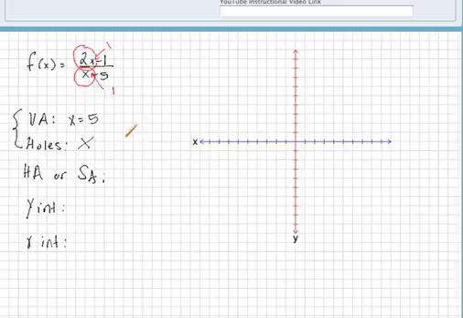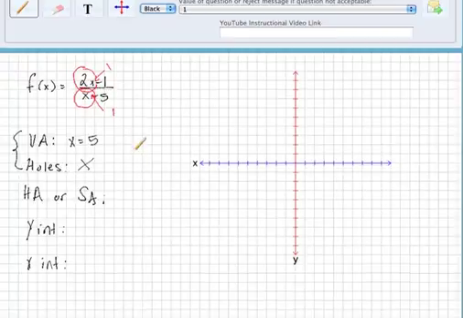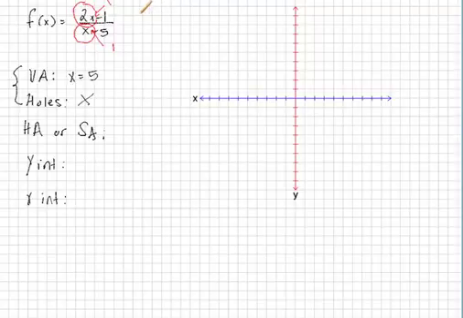If the exponents are the same for the first term on the top and the bottom, you have a horizontal asymptote. And your horizontal asymptote is going to be given by dividing those two terms. So let's take the numbers in front of them. The number in front of the x on top is a 2. The number in front of the x on bottom is a 1. I have a horizontal asymptote at y equals 2.